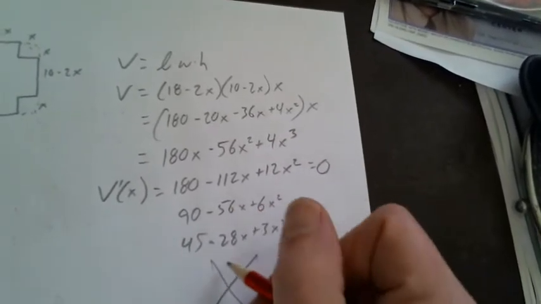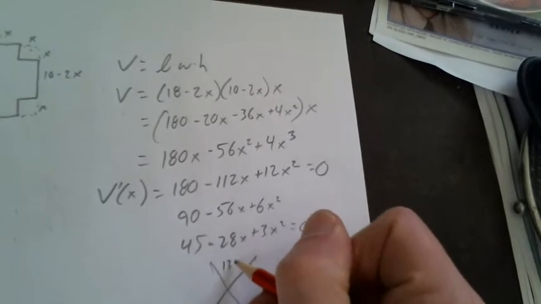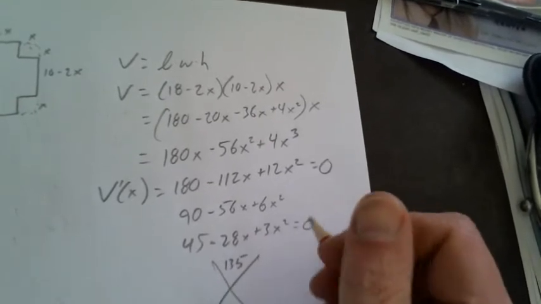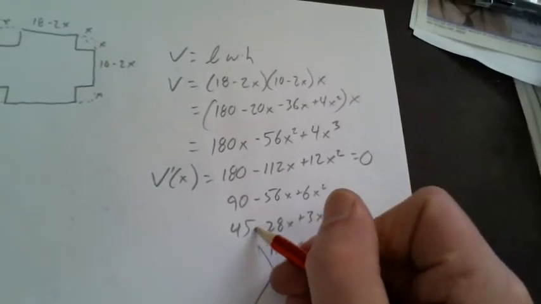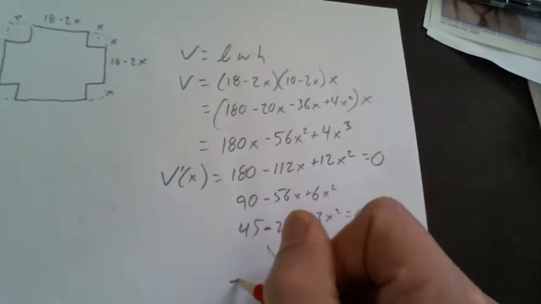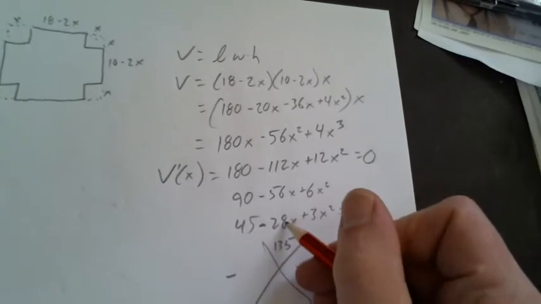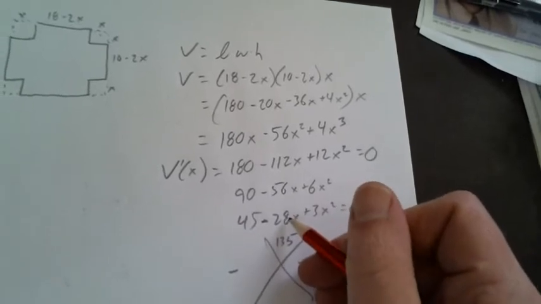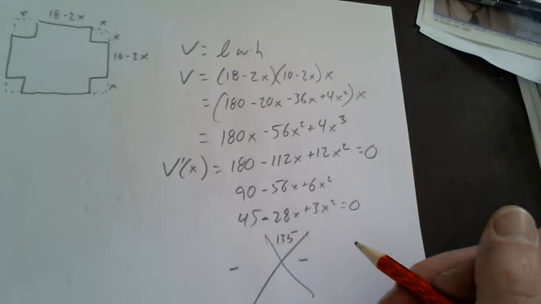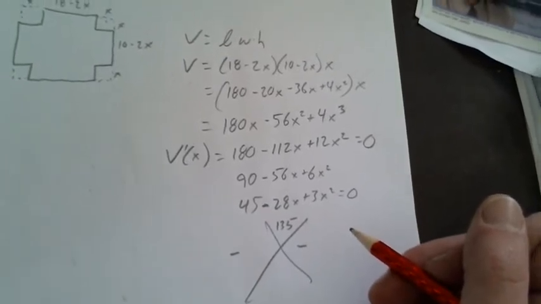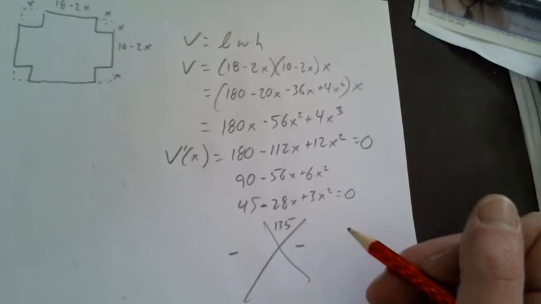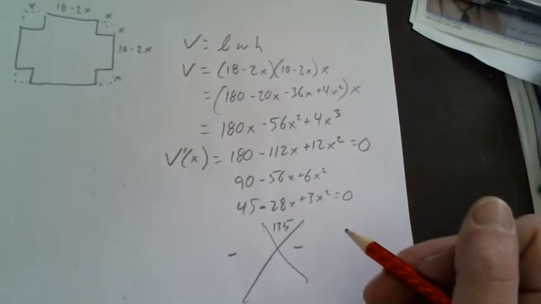So 3 times 45 is 135. Two numbers that multiply to 135, going to be a negative and a negative, adding to 28, so how about 14 and 2, 7 and 4? None of that looks happy, does it? Nope, nope, nope.